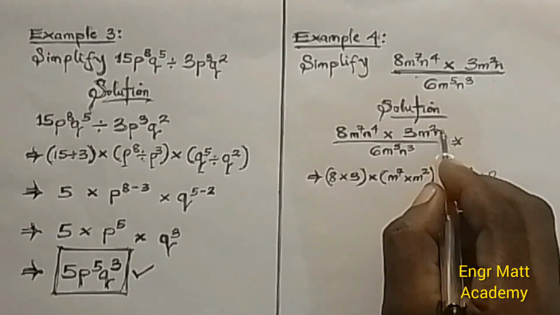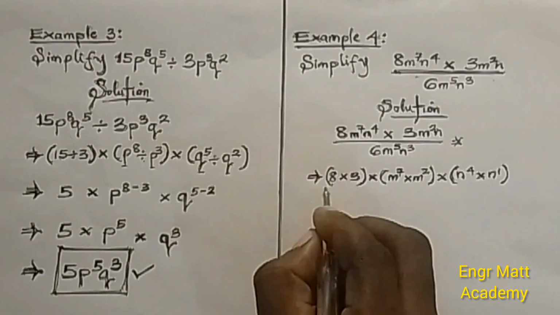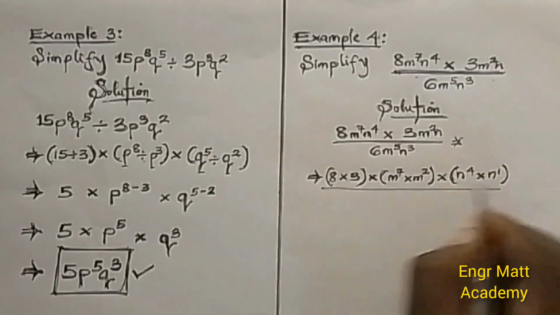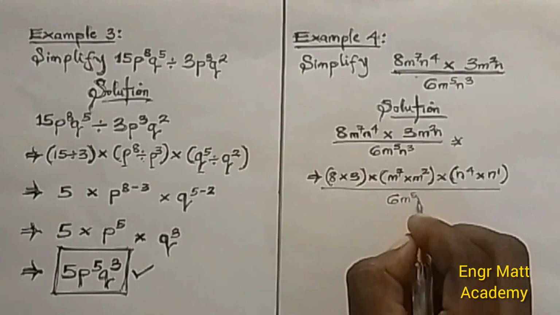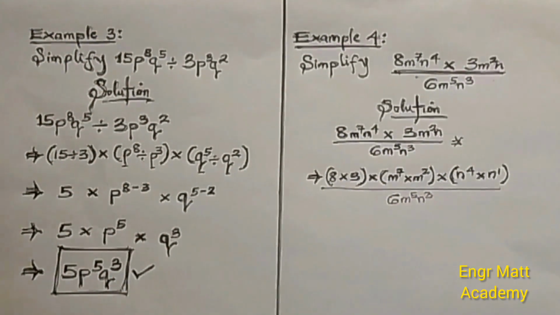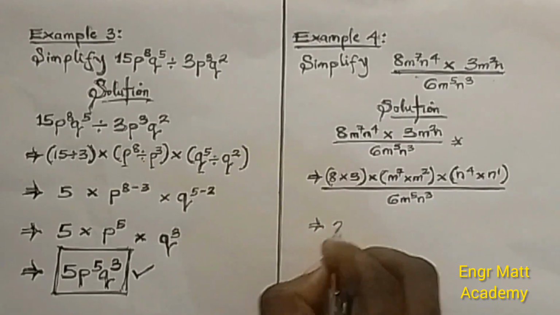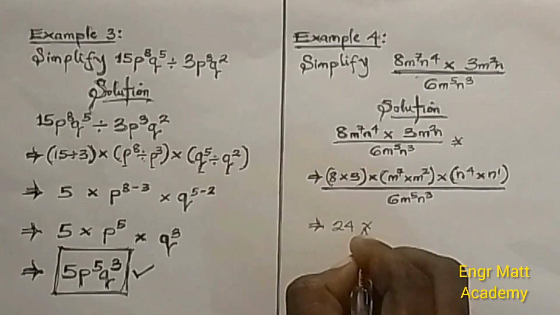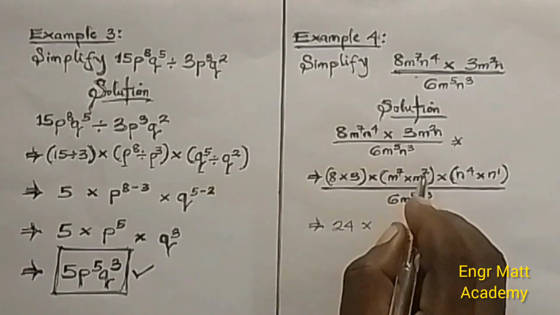Always remember this trap. When nothing is written there, it is not invisible, it is one, so make the one visible. All over 6m raised to power 5 n raised to power 3. So let's continue. 8 times 3 is 24, times m raised to power 7 times n raised to power 2.